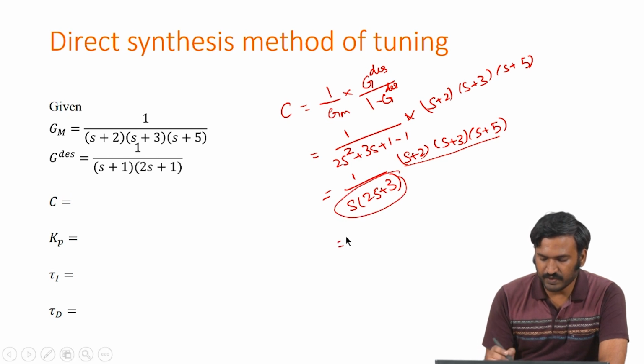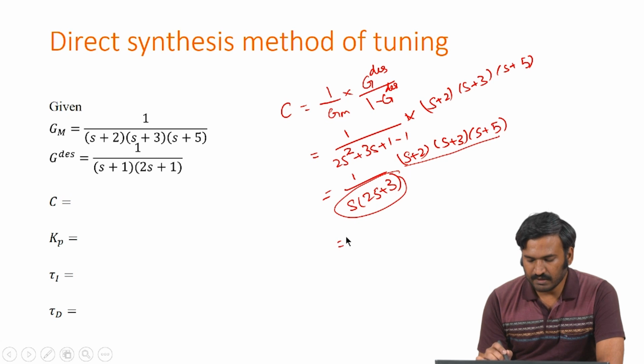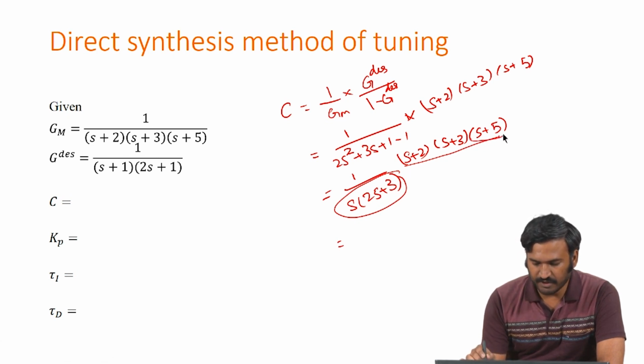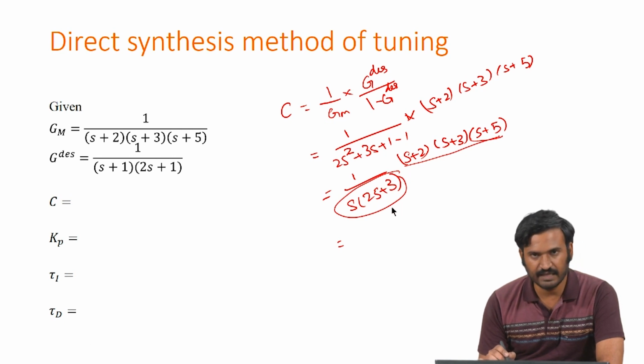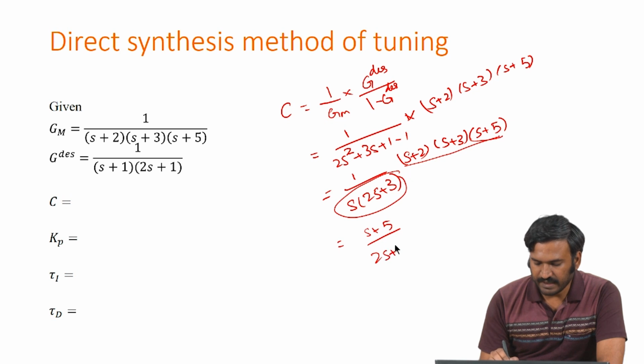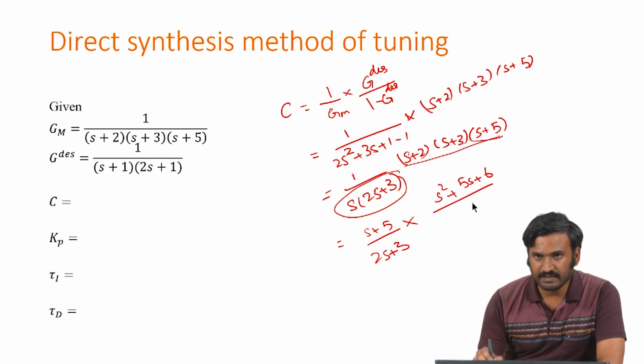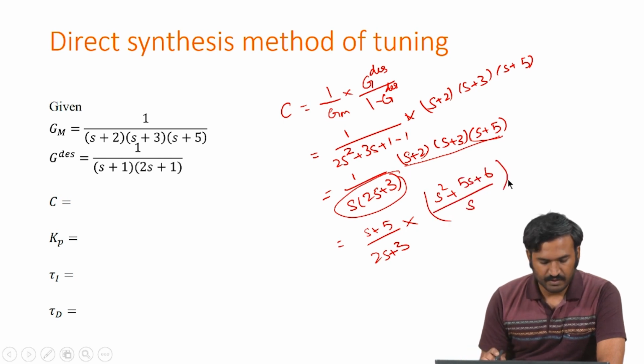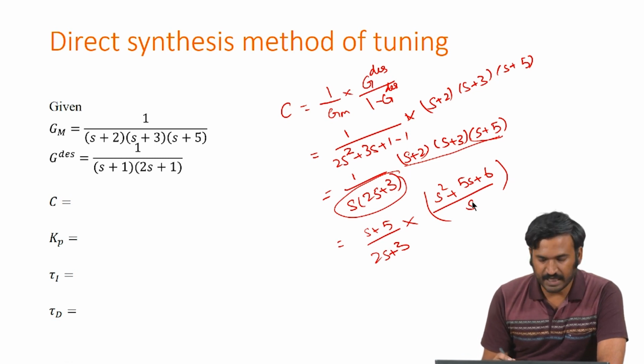So what we can do is separate one of the terms in the numerator together with the additional term, which is 2s plus 3, and take it out as a filter. So we will have (s plus 5) by (2s plus 3) as the filter, then we have (s square plus 5s plus 6) divided by s as the controller. Based on that we can compute the controller tuning parameters.